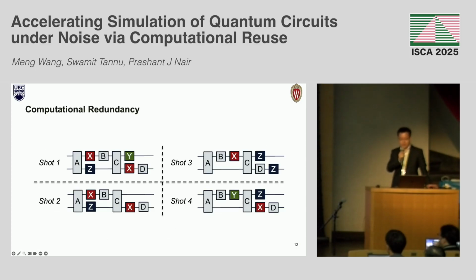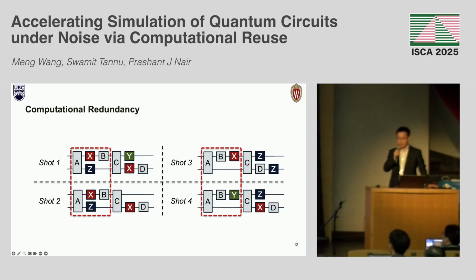So we aim to address this runtime issue by fundamentally reducing the total computation required for noisy simulations. The key observation here is that there are computational redundancies in those noisy versions of the circuits. For example, let's look at those dashed portions of the circuits. In shots 1 and 2, we see an overlap where the gates, including the noise operators, are all identical.